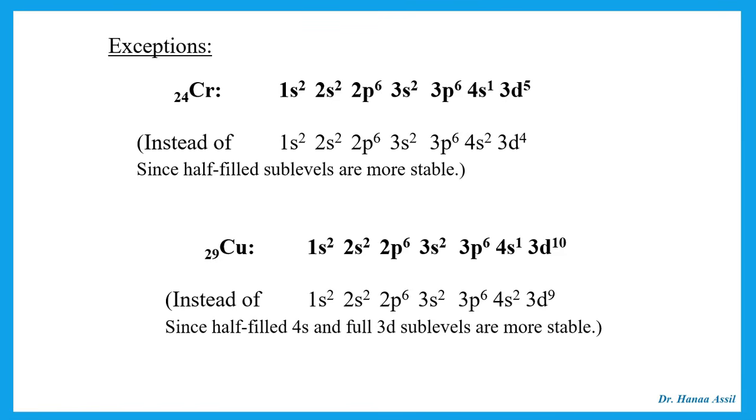That means the 4s and the 3d are now half filled, and that is more stable. For copper, we have 29 electrons. That means it should be 4s2 3d9. But then I can just take one of the 4s electrons and put it into the 3d, making the 3d completely filled, so it is actually 4s1 3d10.